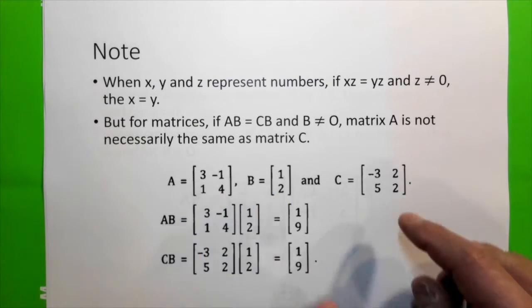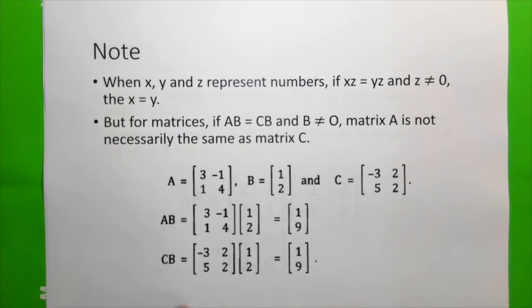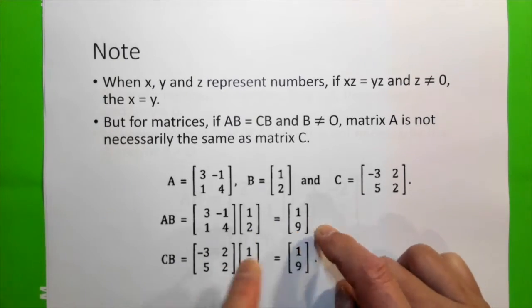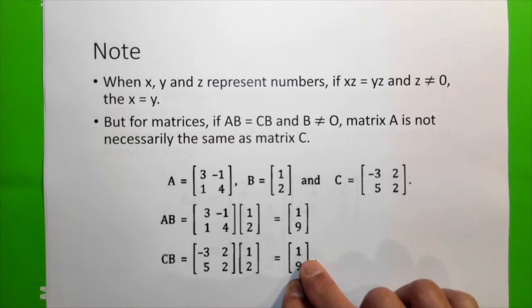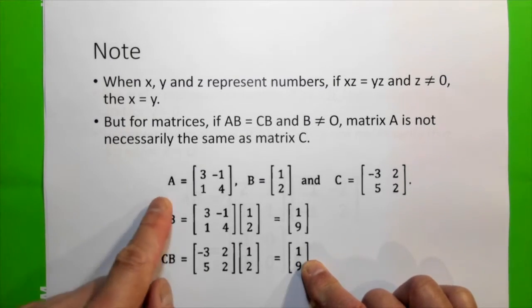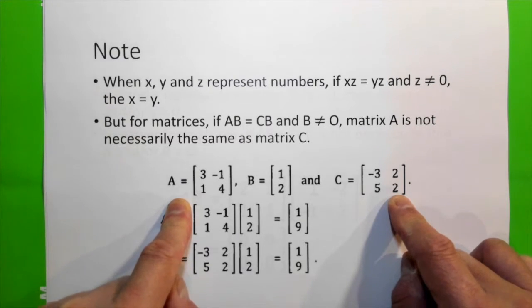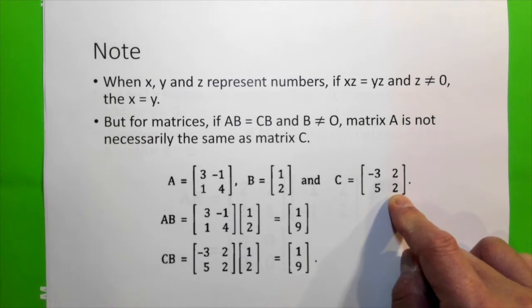We've got A, B, and C. A times B gives us the matrix of 1, 9. C times B gives us a matrix of 1, 9. But A, is it the same as C? No, it is not. So be very careful when you're doing matrix operations.